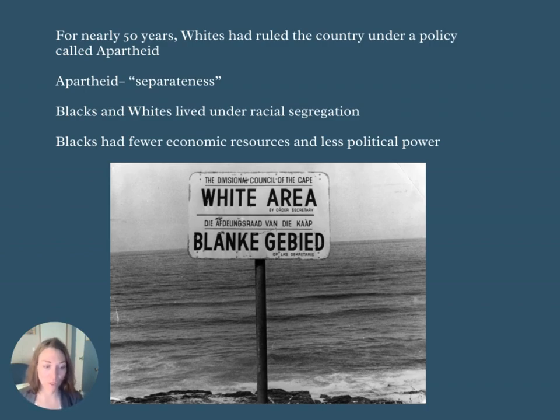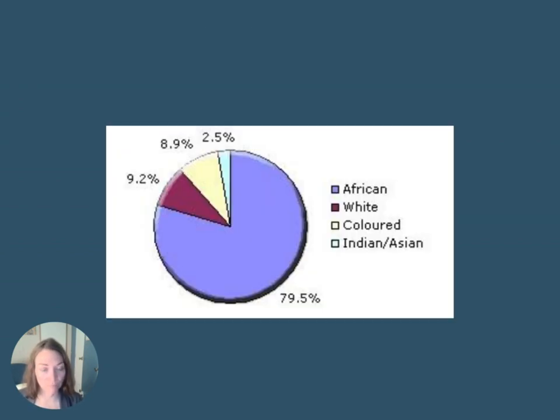Basically from when South Africa became an official country in 1910, then to where they make it actual law a few decades later, and then we have this long period all the way up until 1994, where it's a legal separateness, basically legal racial segregation.